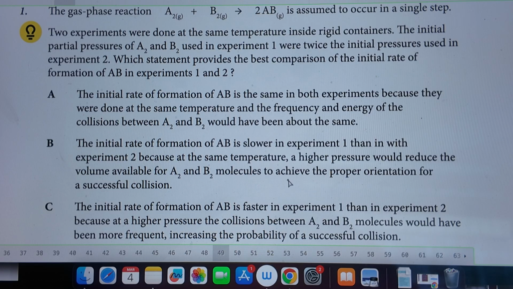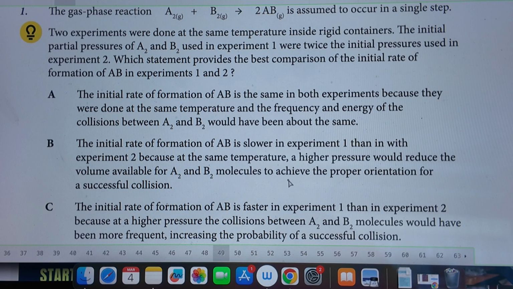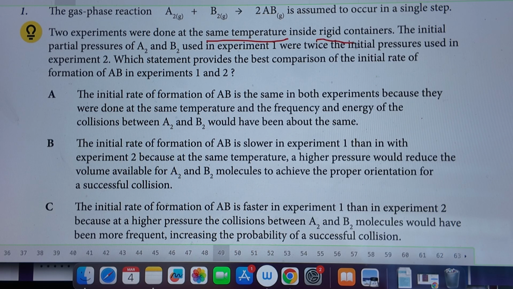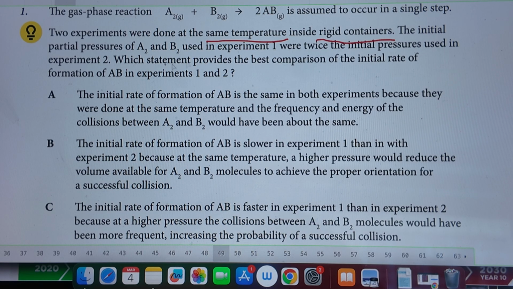We know they were at the same temperature, and in rigid containers, so it's not like they had any outside forces or pressure. And the initial pressures used in experiment 1 were twice what was used in experiment 2.